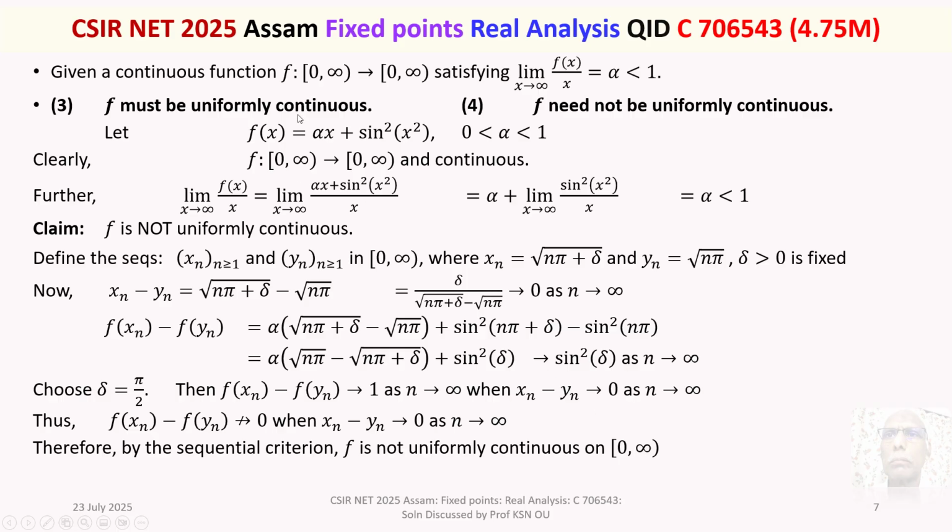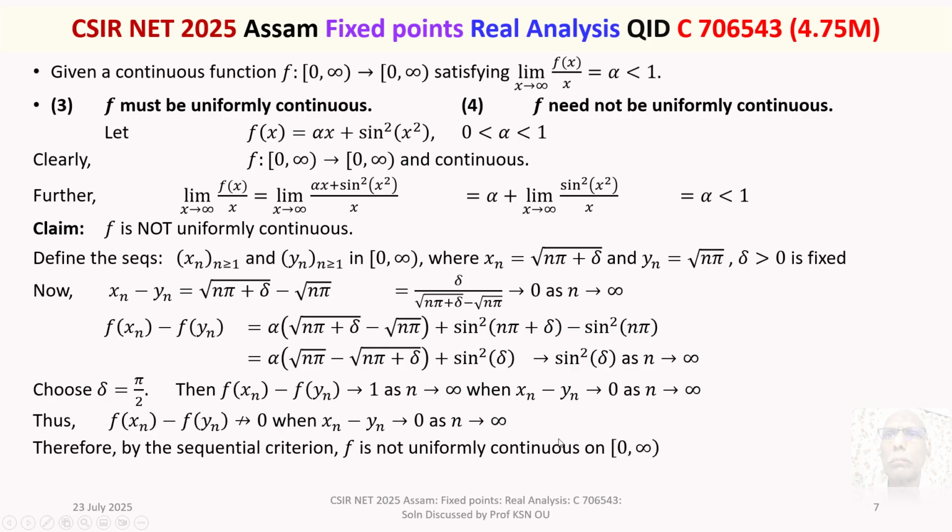Therefore, the claim that f must be uniformly continuous whenever f satisfies these conditions is not true. When these conditions are satisfied, this f is not uniformly continuous.